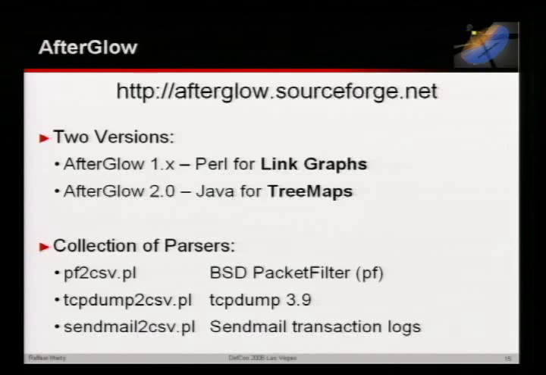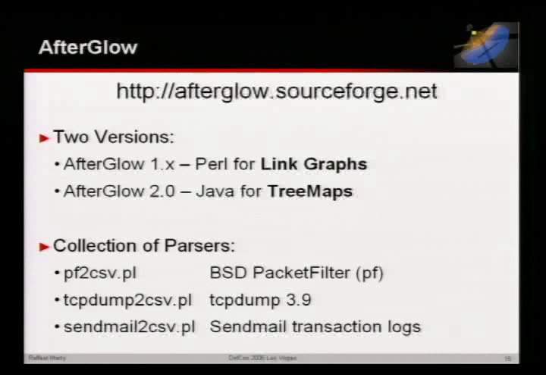What you will also find in Afterglow is that when I started playing with log files, I needed to write parsers, because otherwise I couldn't really visualize my log files. So I decided to put the parsers I'm writing into the Afterglow distribution as well.